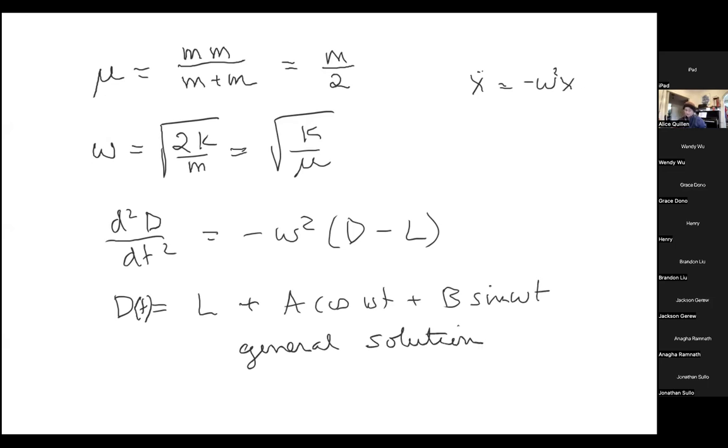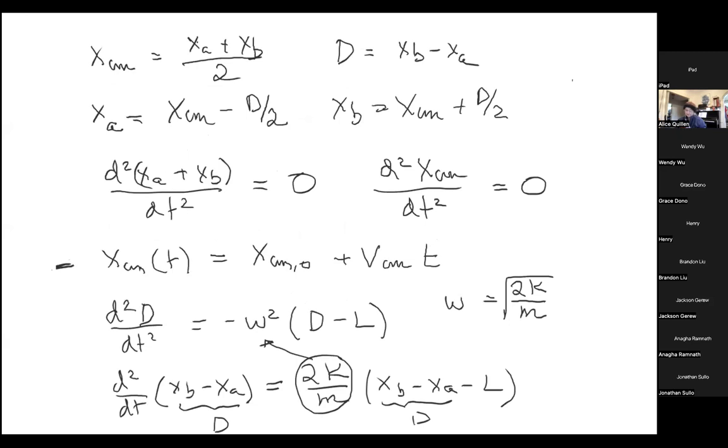Let's summarize what we have now. We have a general solution for the center of mass, and we have a general solution for the distance in between them. Both of them involve two constants. Where did I write the center of mass? Here, yeah. Here's the equation of motion for the center of mass.